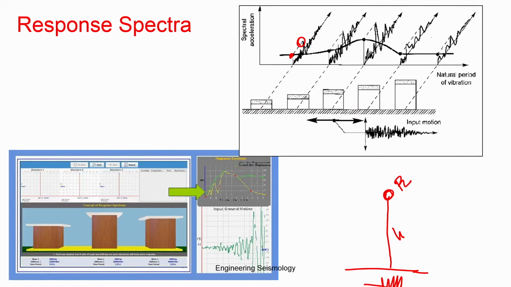Similarly, you now change the period of the structure by varying the height. Then again, with the same input, you measure the response, and that response is what is plotted. You keep altering the period, for example 1 second, 2 seconds, 3 seconds, or 1.5, 2.5, and you observe the maximum response for the same input.